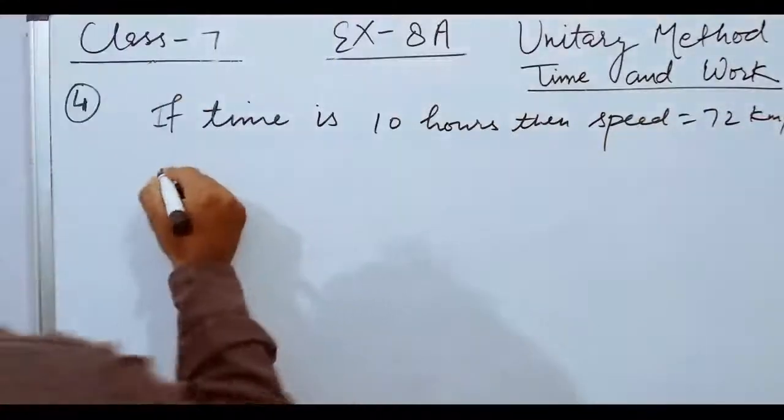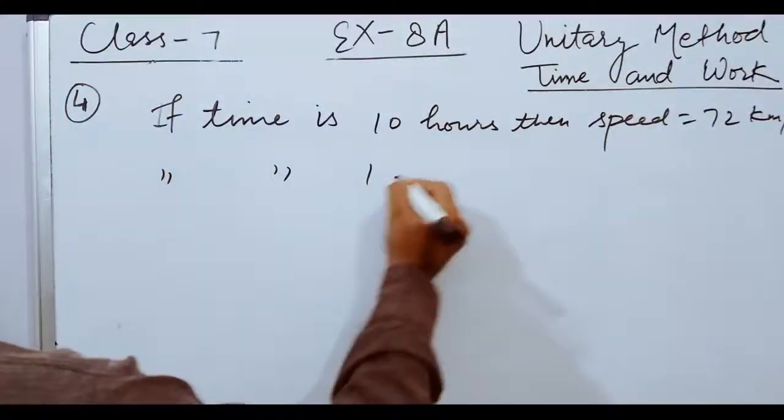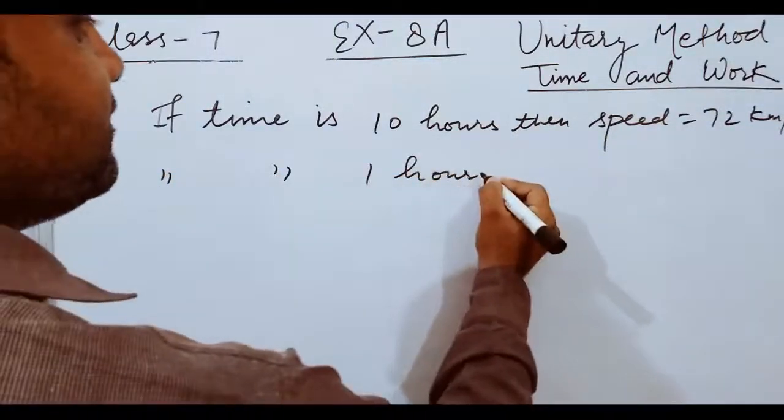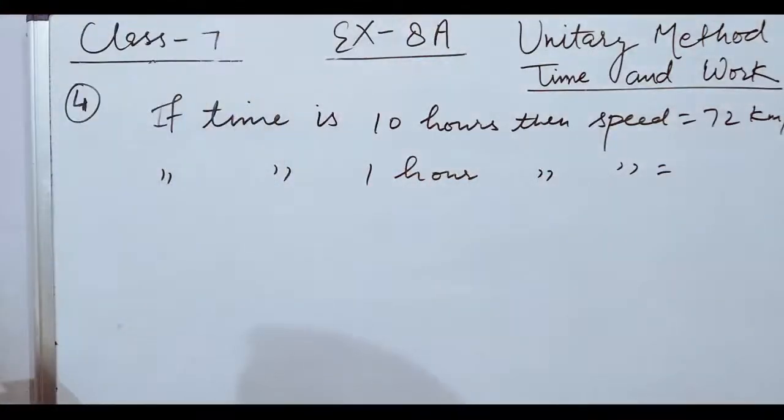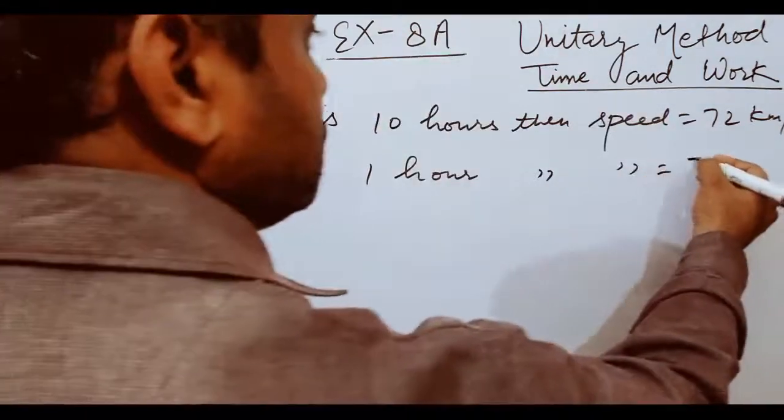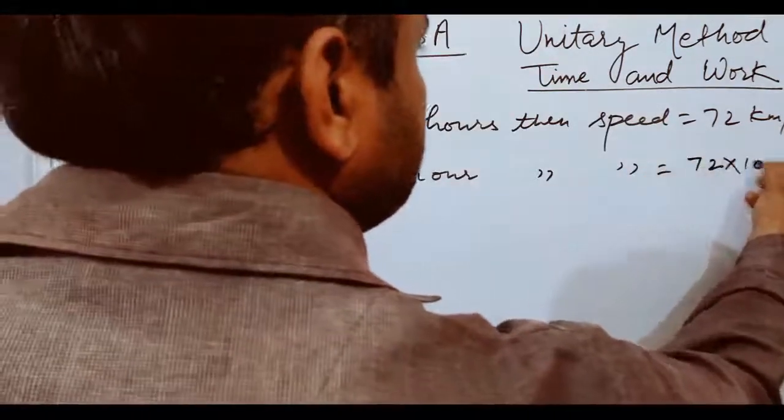If time is 1 hour, then speed should be more. Means if the time taken from Delhi to Chandigarh is 1 hour, then speed should be increased 10 times.